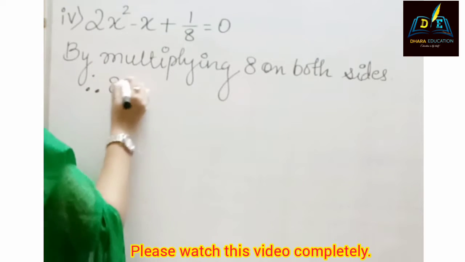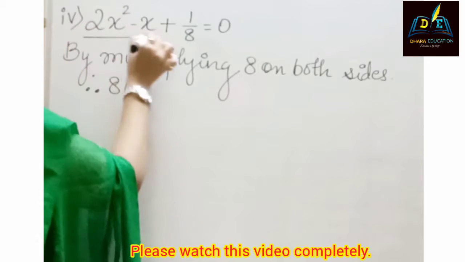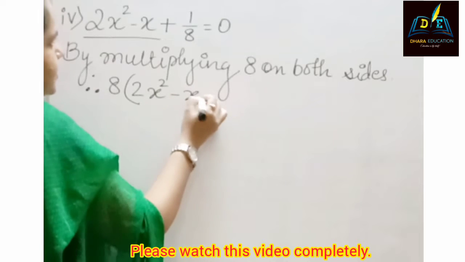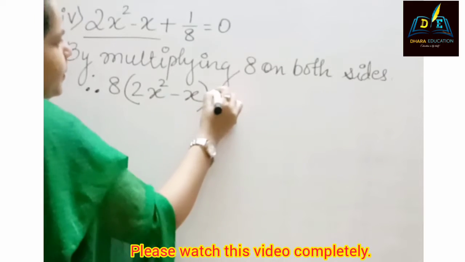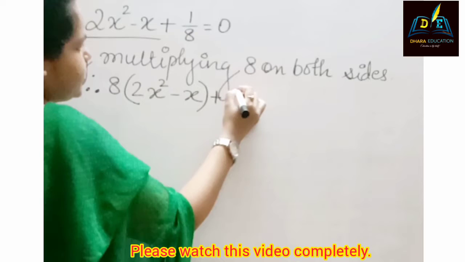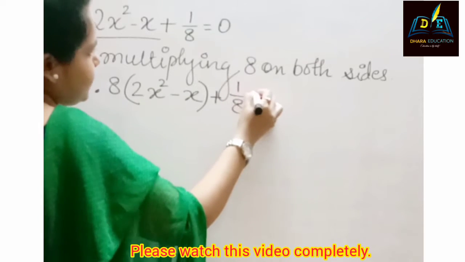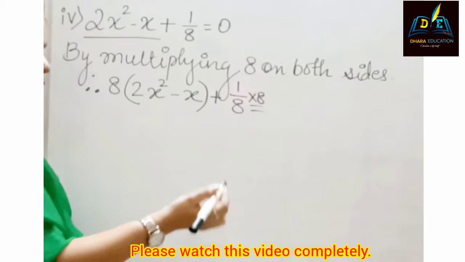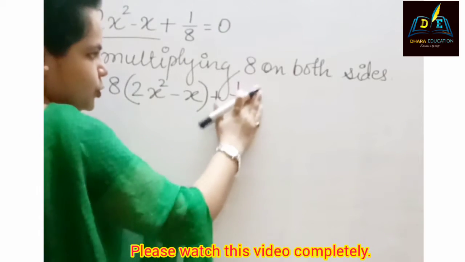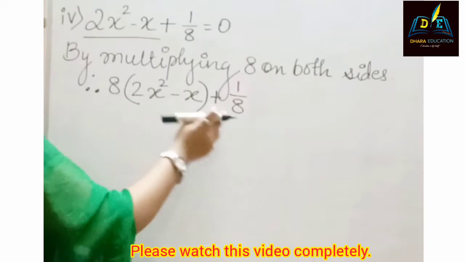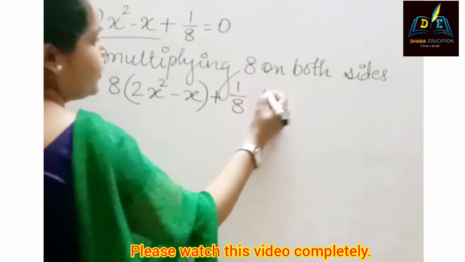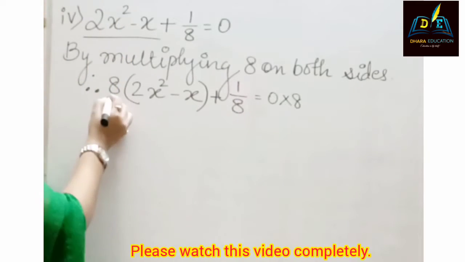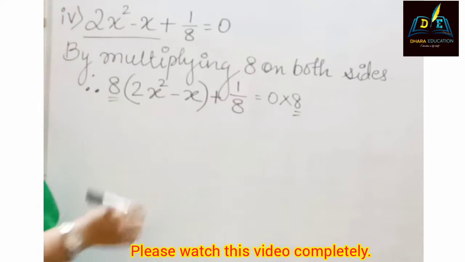Therefore 8, we will take this entire term over here, 2x square minus x plus 1 upon 8, 1 upon 8 multiplied by 8. If you want to show this, you may show, and if you don't want to show this, you can very well do it with this. Okay. On the other hand, 0 multiplied by 8. Okay. So I have multiplied 8 on both the sides.